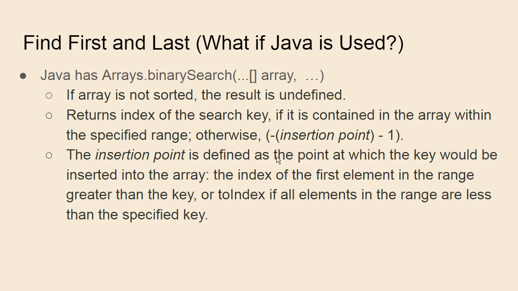The insertion point is defined as the point at which the key would be inserted into the array. The smallest possible value of insertion point is 0, when the value you have is less than everything in the array. The biggest insertion point would be n if the array already has n elements and the key is the biggest element. So this negative insertion point minus 1 will take a value from -1 down to negative n minus 1.